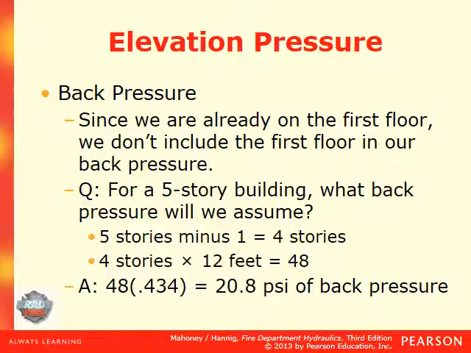So 4 times 12 is 48 feet. 48 feet times 0.434 will equal 20.8 psi of back pressure. Or if you used 5, then you're looking at 24. Again, I'm going to give you leeway with the rounding. You're looking at about a 5 psi swing either way.